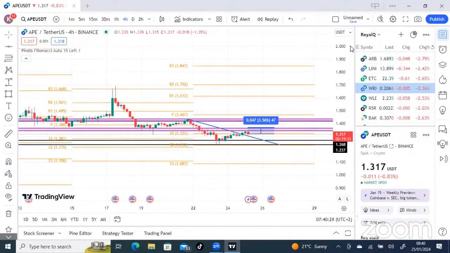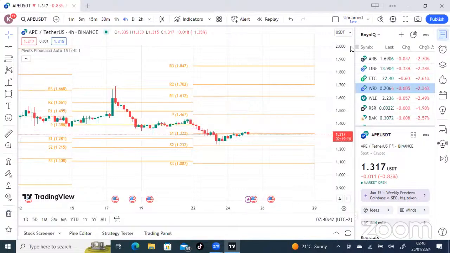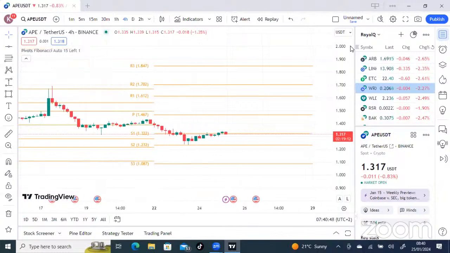So the indicator will do the work for you. The indicator will show you areas of support and areas of resistance.